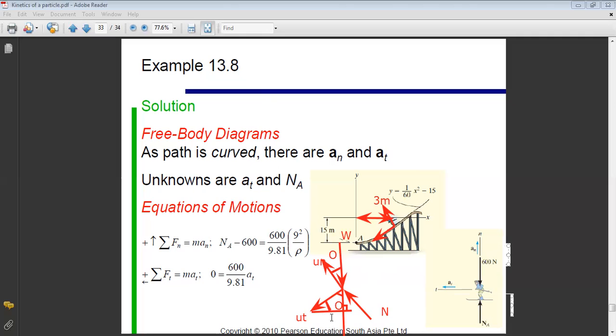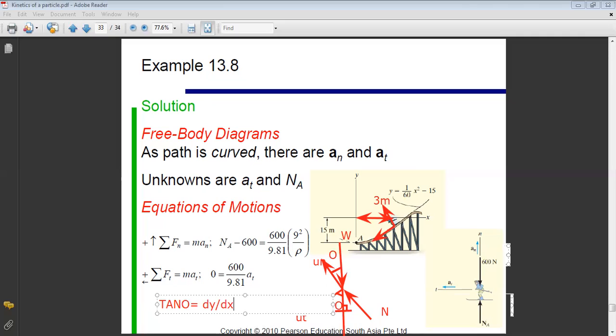And for theta, it's very simple. As we said, ut is always tangent to the path. To find its direction with the horizontal, we should find the slope. So tangent of theta is equal to dy over dx at the point of interest.